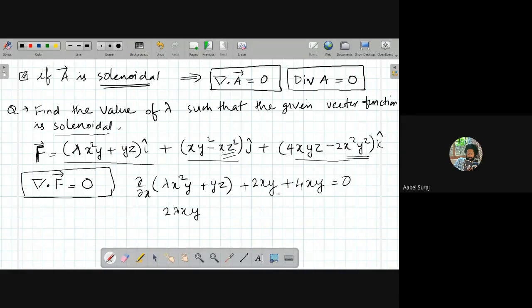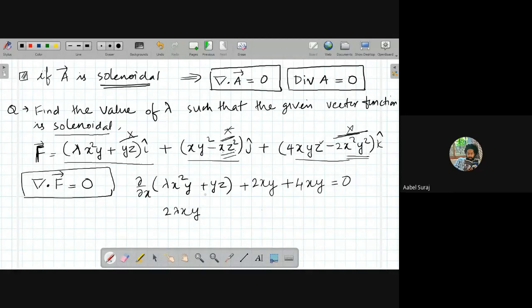When differentiating with respect to x over here, the first term will not be there. Here we are differentiating with y only, so this term will not be there, and here only with respect to z, so this term won't be there. So the answer is very simple with partial differentiation.